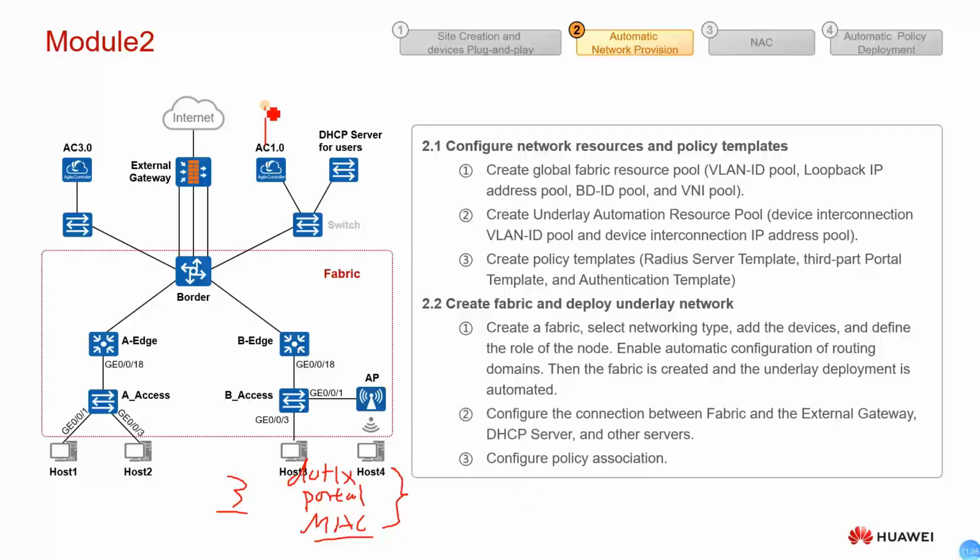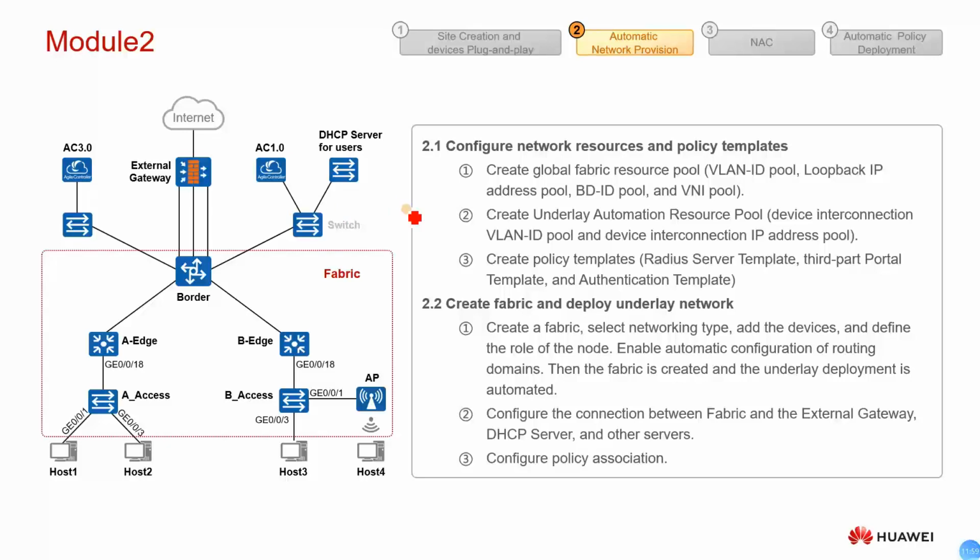That will be the AC 1.0. And portal authentication may need a portal server, also the AC 1.0. Okay, so the Radius server and the portal server are both AC 1.0. AC 1.0 will perform these two important functions.